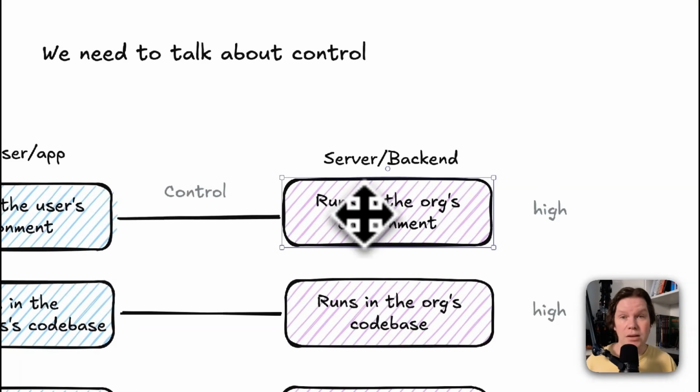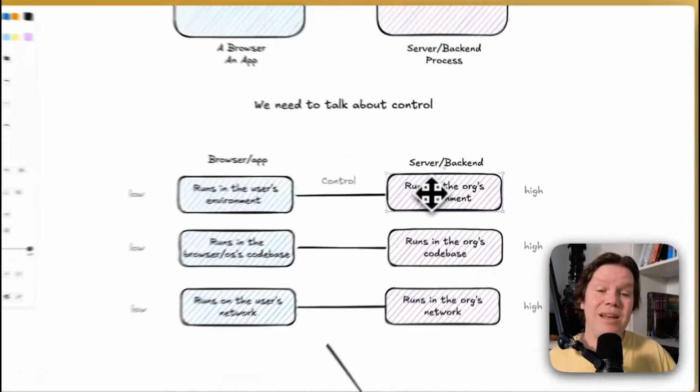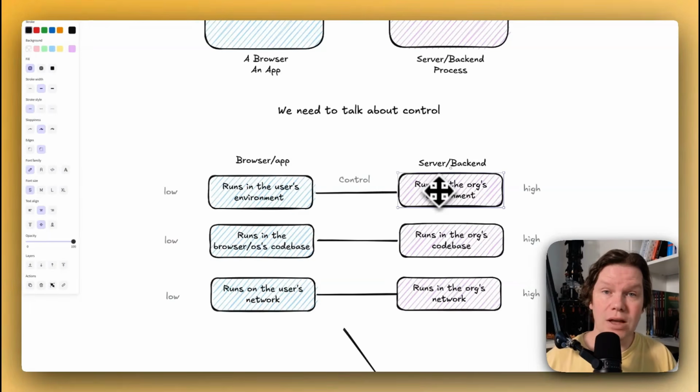On the server side, this is quite different, because it runs in our organization's environment. So we set up this server, let's say, so it can connect to our application database, where, for example, with the example before, our webinar submission record is saved. So we have full control. We can read the database, we can get a signal from the database, and because it runs in our own code and our own server, we can make sure that this request is sent out.